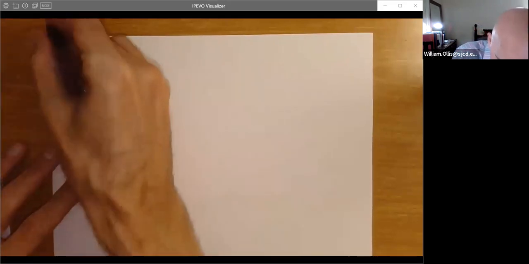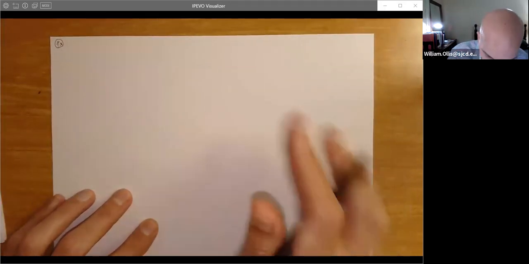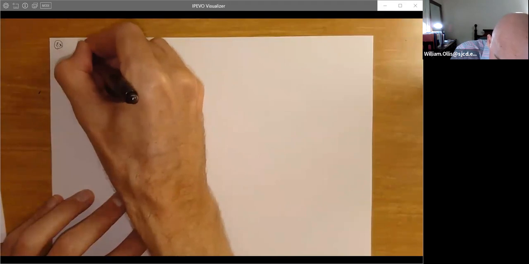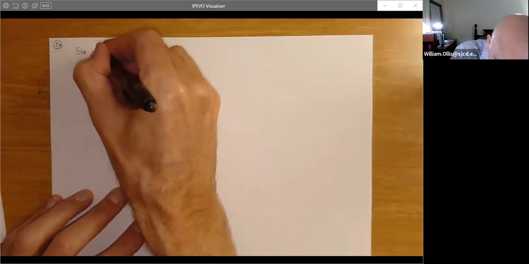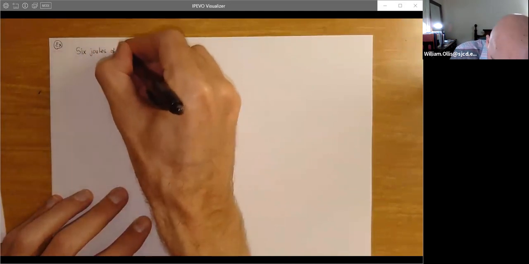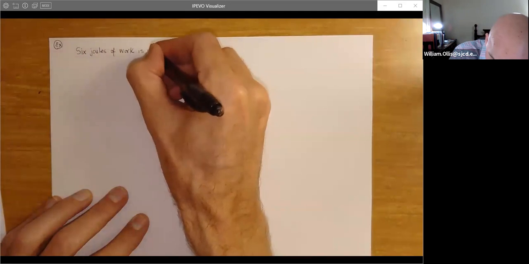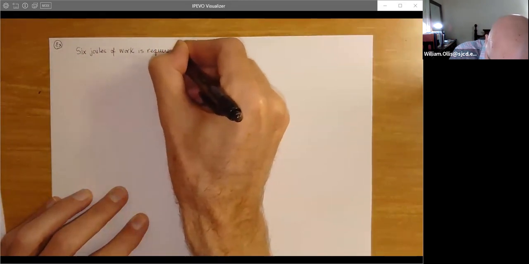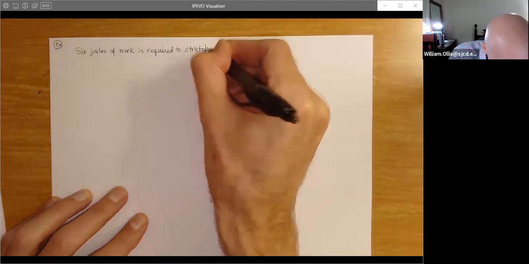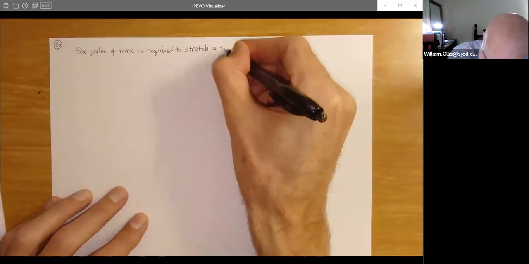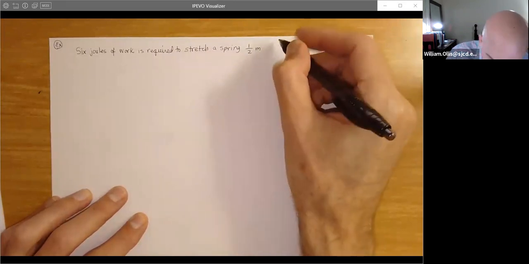So let's go ahead and look at this. In this particular case, we have 6 joules. So this will be in the MKS, 6 joules of work, that would be a Newton meter, is required to stretch a spring 1/2 meter from its natural length.